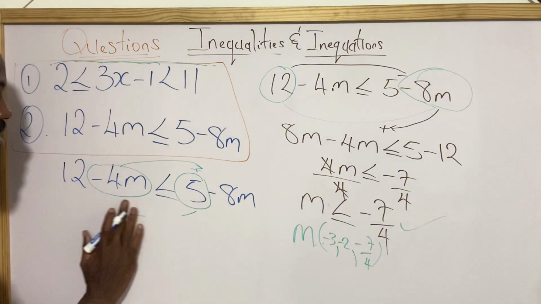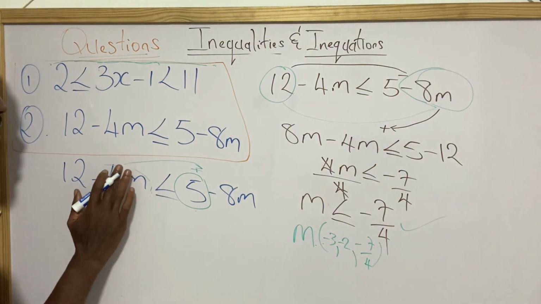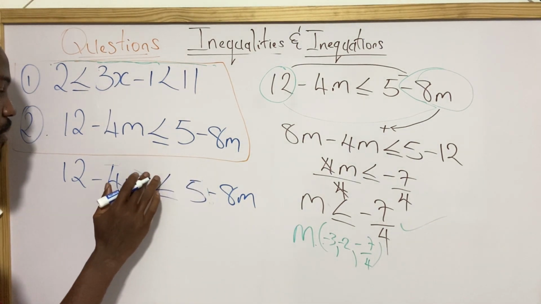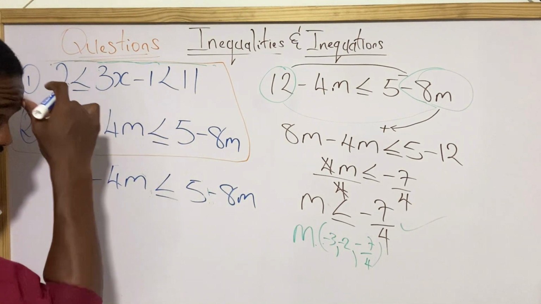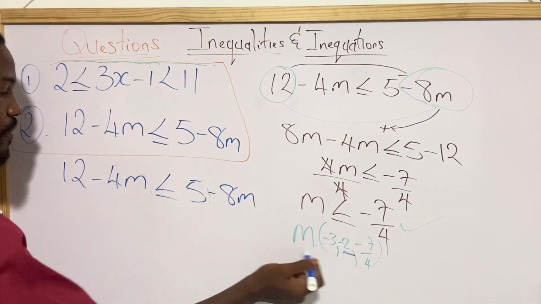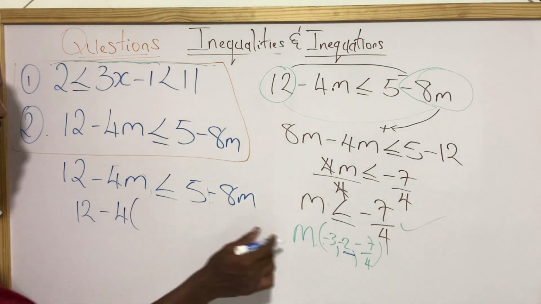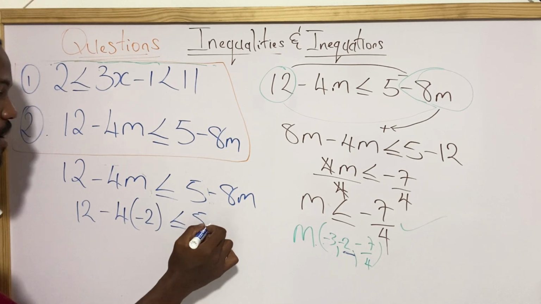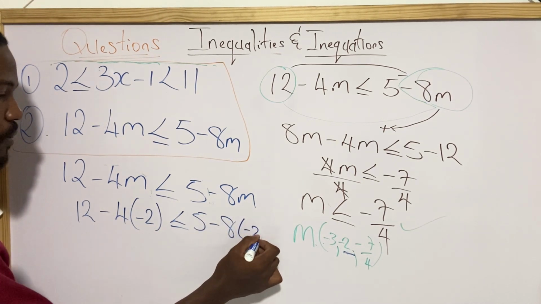If we plug this in and choose negative 2, just to prove that our answer won't have a math error, we would have 12 minus 4 in brackets negative 2 is less than or equal to 5 minus 8, where m is negative 2.